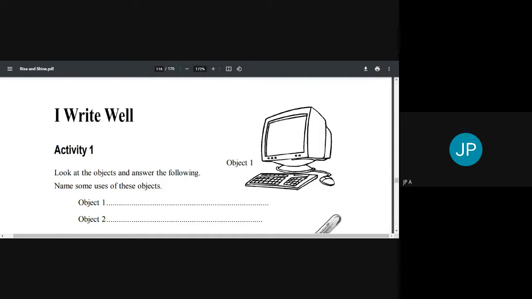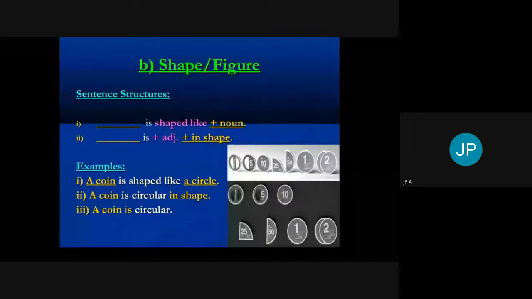So the shapes of the objects will keep varying depending upon the kind of object. But surely, like I talked about the mouse, it is shaped like something. You can say that it is like a mouse or like a cylinder. Some examples are given here. An example is the coin. You can say that the coin is shaped like a circle, or a coin is circular in shape.